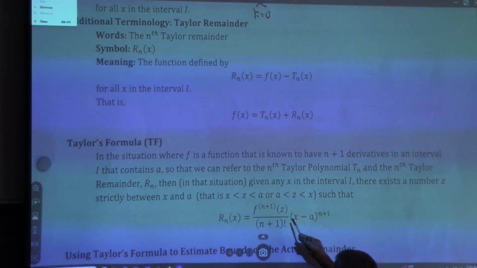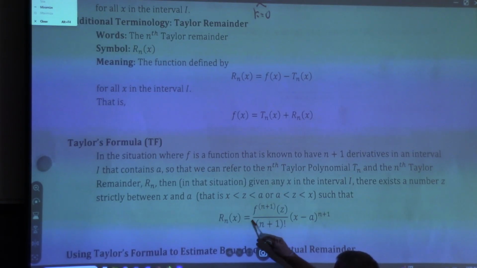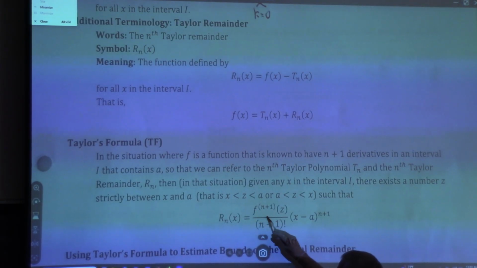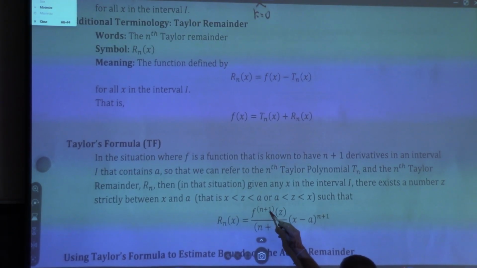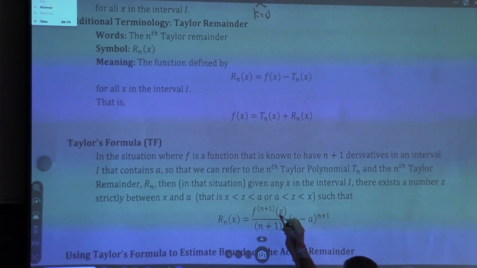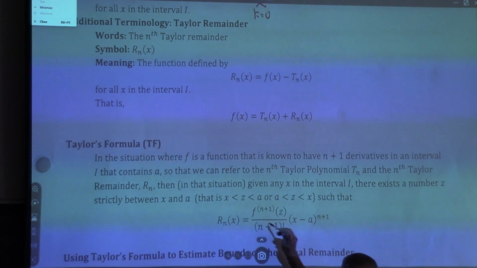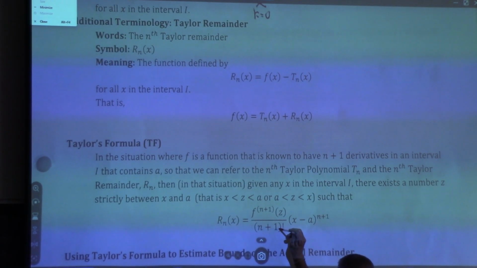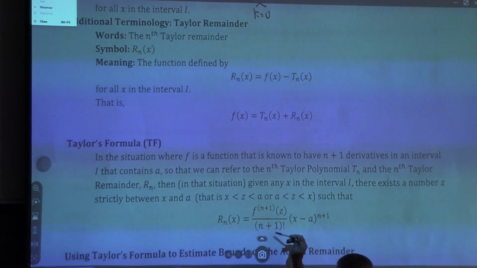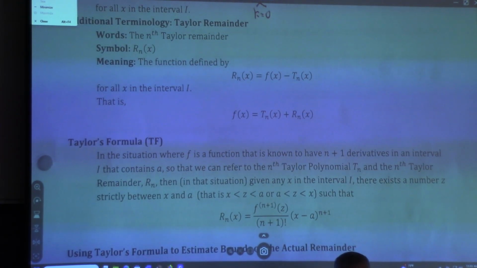But the thing is, this says the exact value is attained by doing this calculation: find the n+1 derivative of f, and then there's just some special z somewhere that makes this true. So that's kind of like me telling you there's a pot of gold somewhere in Ohio. Well, great.